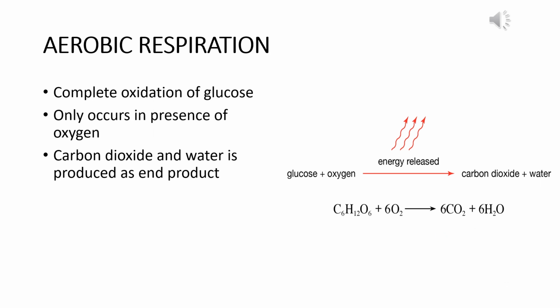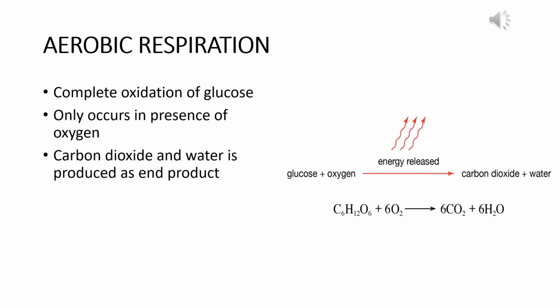Now we are going to talk about the two types of respiration that are present in plants. The first one and the dominant one is aerobic respiration. That is, all plant parts 99% of the time respire aerobically, that is in the presence of oxygen.